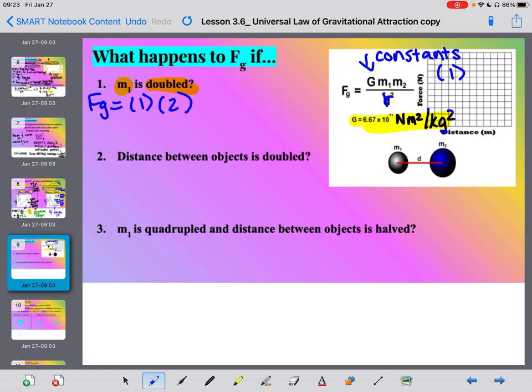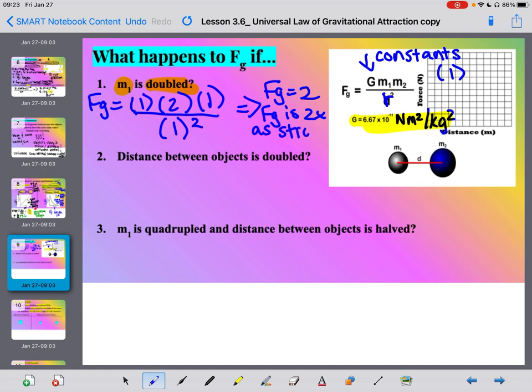They didn't tell me about m2, so I'm going to leave it as 1. And they didn't say anything about the distance, so I'm going to leave that as 1 squared. So now we end up with Fg equals 2. That means that Fg is 2 times as strong compared to if nothing was changed. If nothing was changed, it would just be Fg. So this is 2 times as strong now.